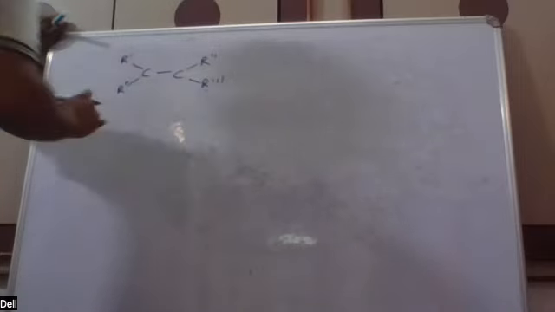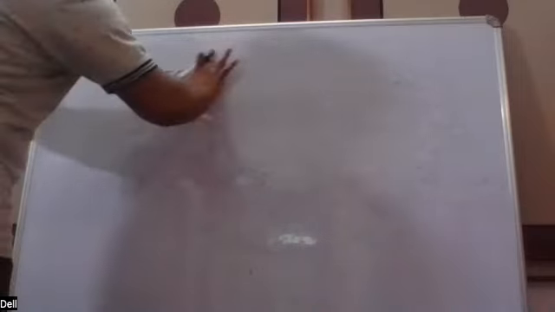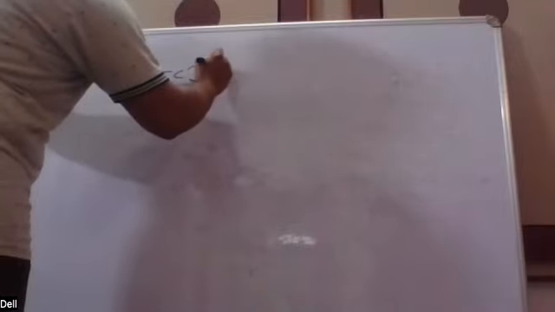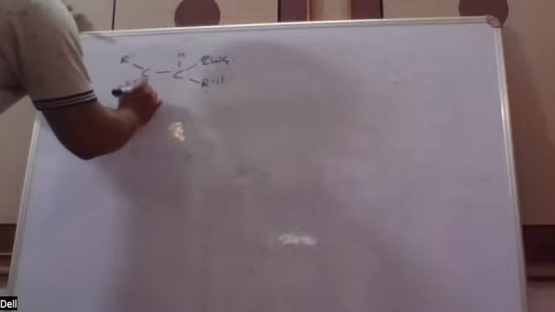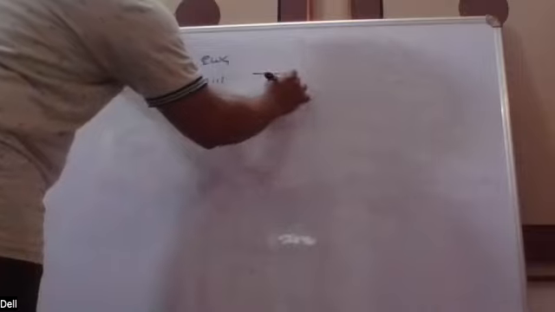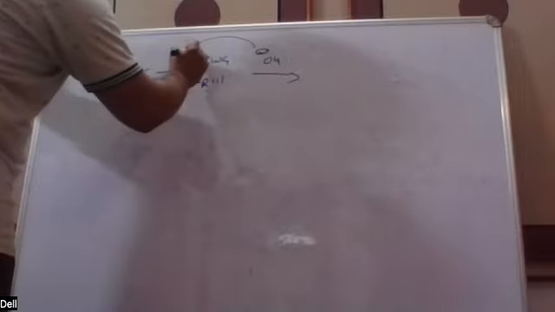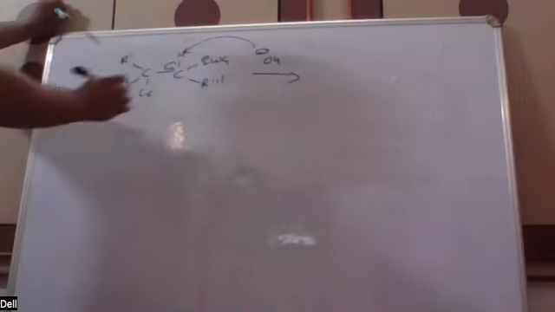Like if we are having an electron withdrawing group instead of carbon here, and a hydrogen and a leaving group, and we use a base in this case, this base will attack this hydrogen and lead to the formation of the carbanion.